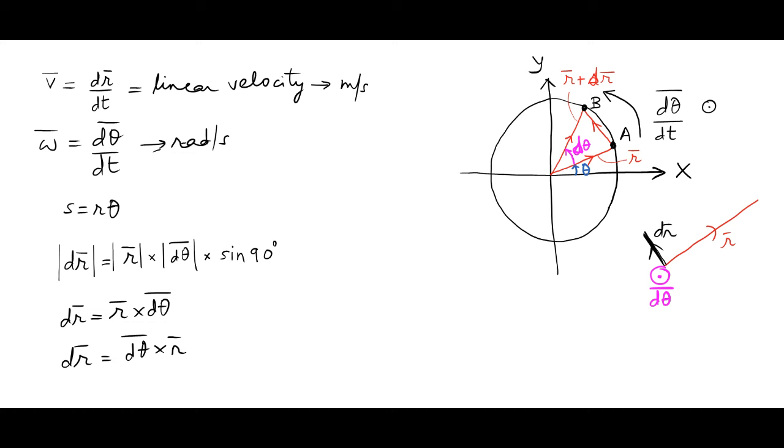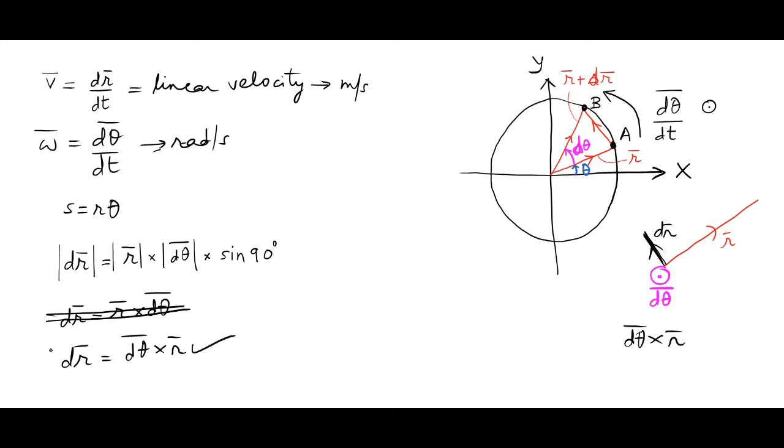And on the other hand, if I write the second relation, that is dr bar is d theta bar cross r bar, if you do this d theta bar cross r bar, then you actually get a vector which has the same direction as dr bar. So it is this formula which is the correct formula, and this is obviously wrong. So we accept this formula. Dr bar is d theta bar cross r bar.